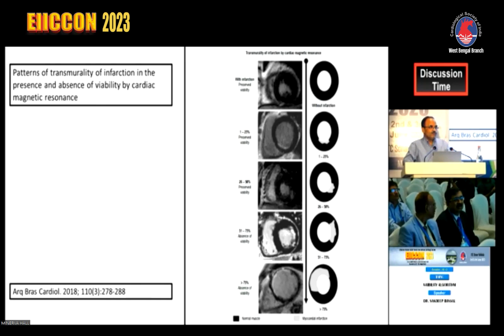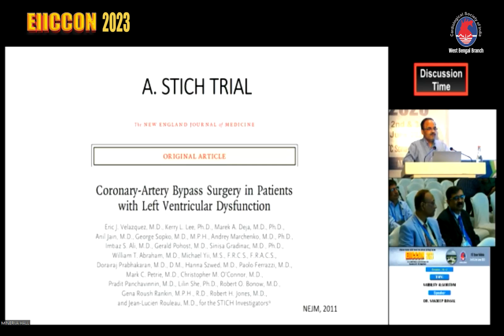So if it is more than 75% scarred area, then it is clearly sure that this is going to be a non-viable area. If it is less than 50%, we are pretty much sure that this is going to be viable. And if it is between 50 to 75%, we do contractile reserve testing and then we are able to predict the viability.